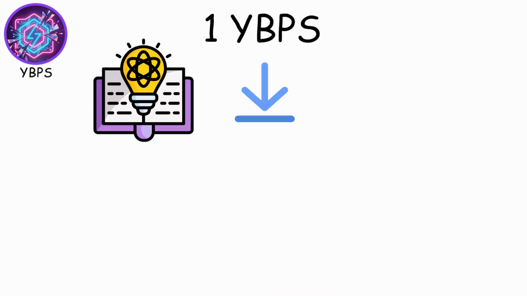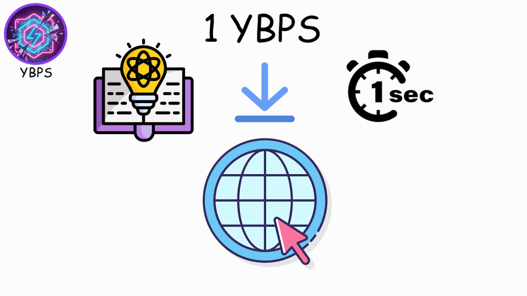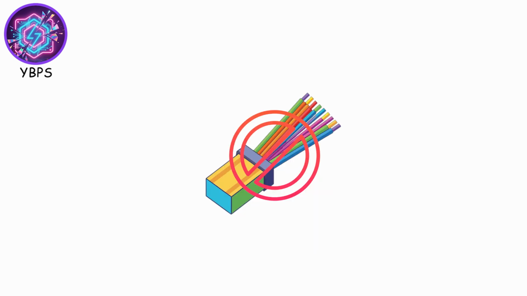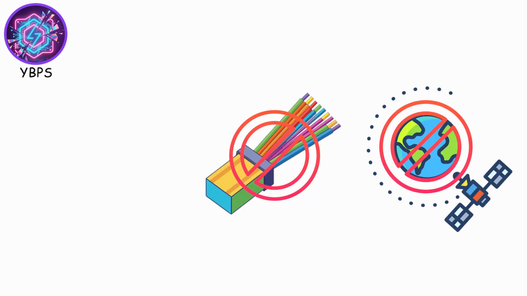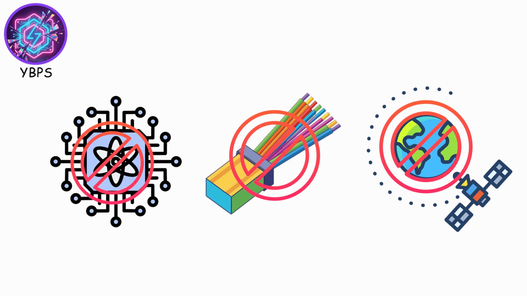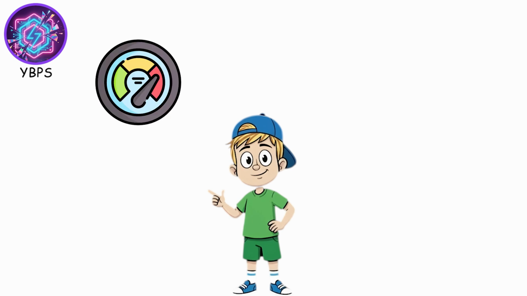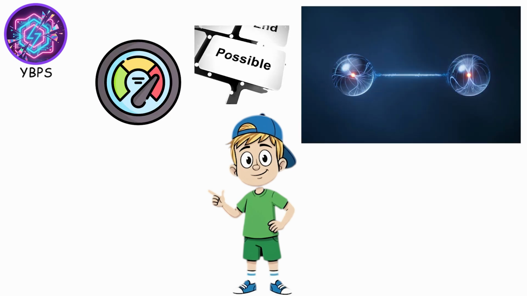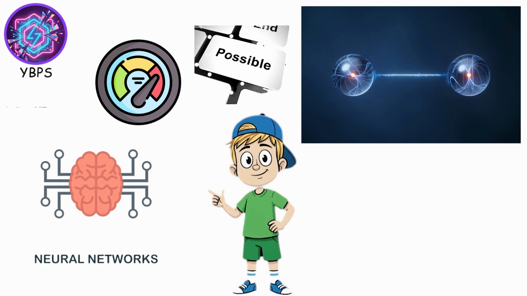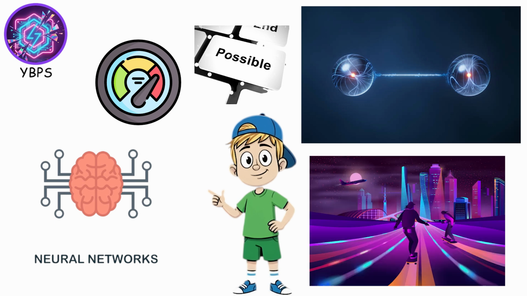At 1 yottabit per second, you could theoretically download the entire internet in under 1 second. No fiber cable exists, no satellite constellation. Not even today's experimental quantum internet prototypes can approach this. We're discussing theoretical speeds that might only become possible through quantum data transfer or neural level communication technologies in the distant future.